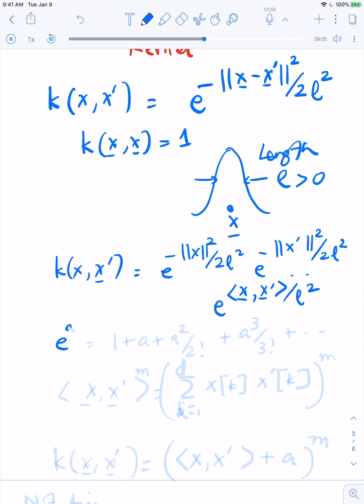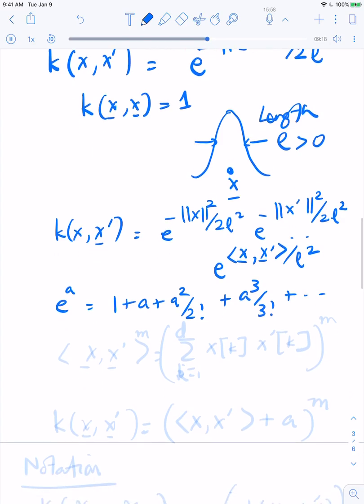And of course, you know that e to the a looks like 1 plus a square over 2 factorial plus a cubed over 3 factorial, etc. So you can see that essentially you have very high dimensional quantities, high dimensional powers of these x's and x primes. Basically, the inner product is the sum over k equals 1 to d of x_k x prime_k.